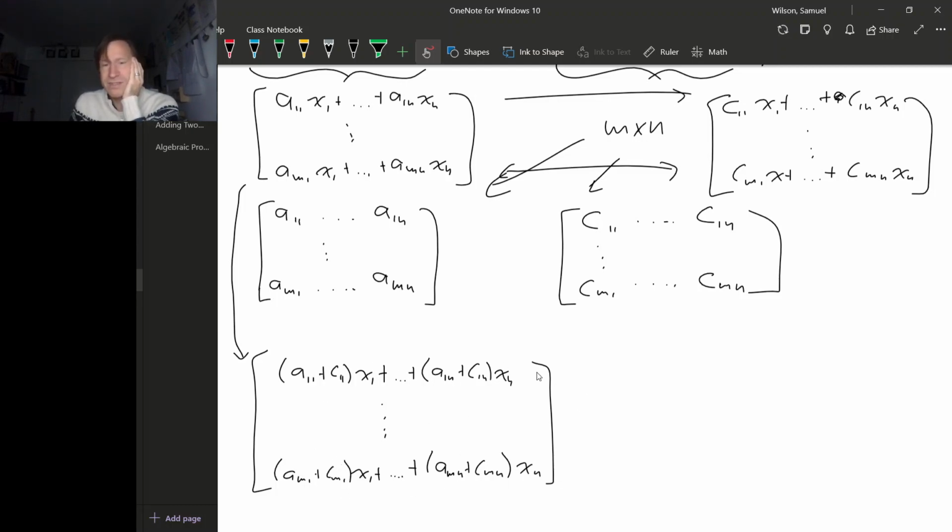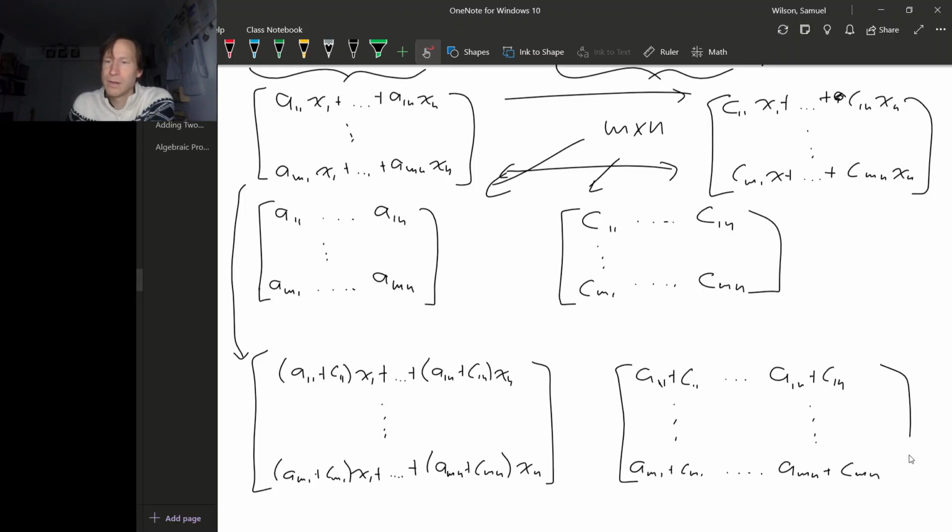Okay, and what is the matrix that represents this linear vector function? Well, again, the matrix that represents a linear vector function is just the matrix of coefficients. So that's going to be a11 plus c11 over to a1n plus c1n down to am1 plus cm1 over to amn plus cmn.